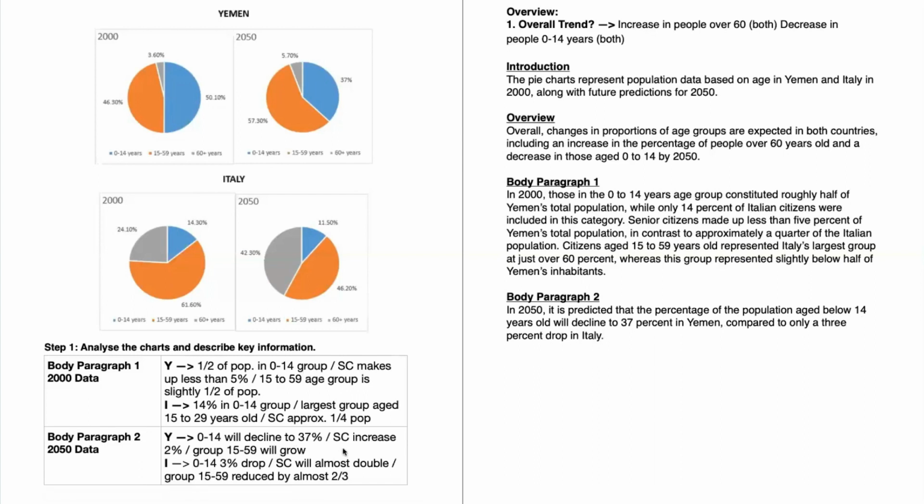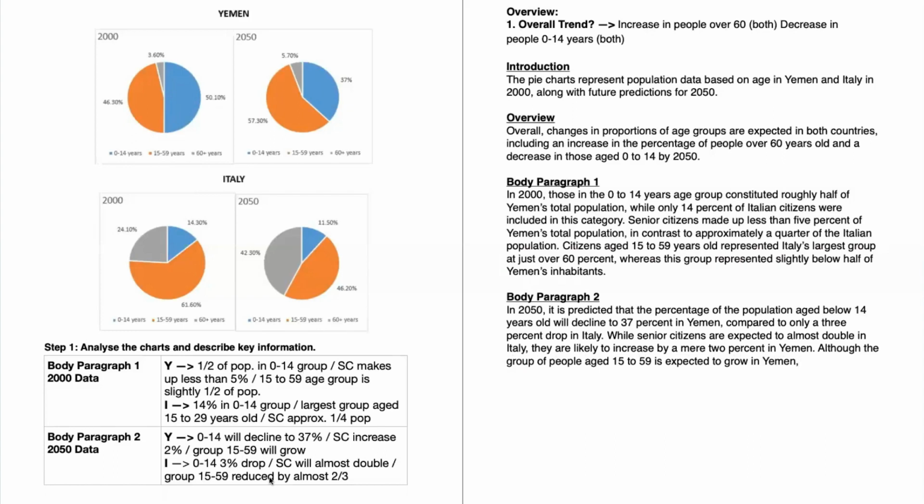Now, again, senior citizens, it's like following a formula. While senior citizens are expected to almost double in Italy, they are likely to increase by a mere 2% in Yemen. Although the group of people aged 15 to 59 is expected to grow in Yemen, just like we saw here, I'm going to talk about how it's going to be reduced.